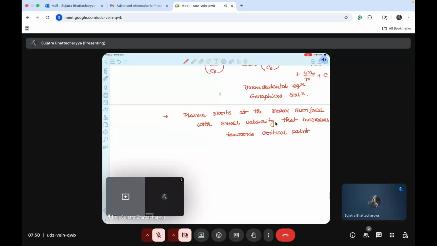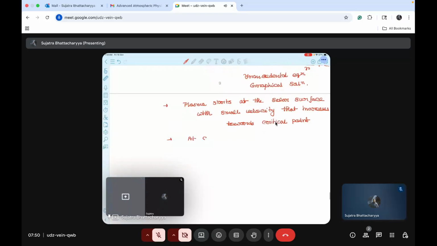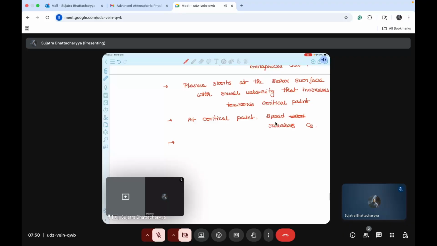At the critical point, the speed reaches cs, the speed of sound, and then at r greater than rc, it becomes supersonic.